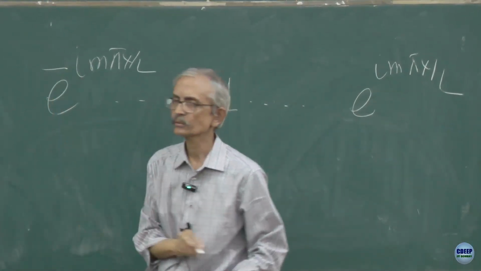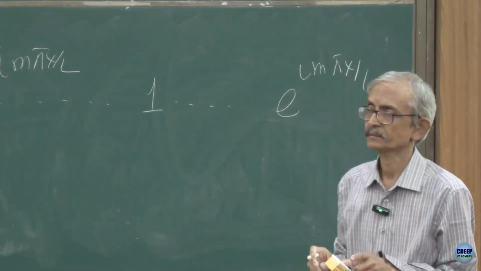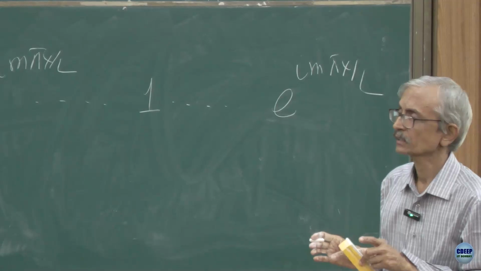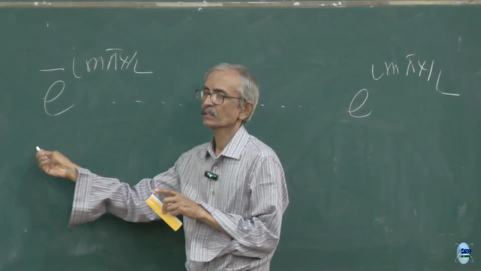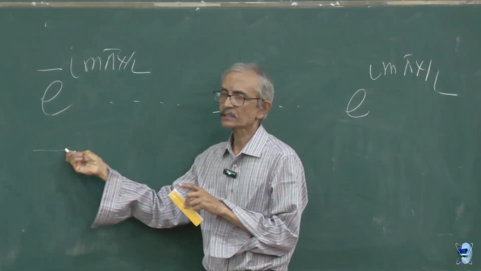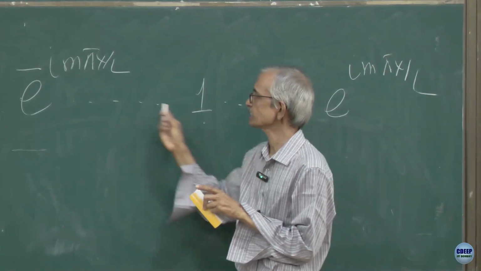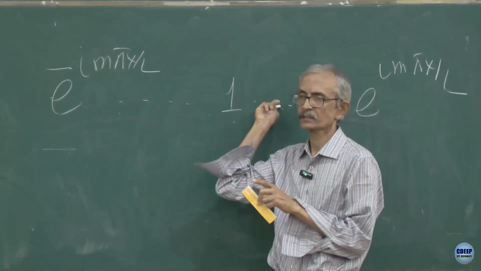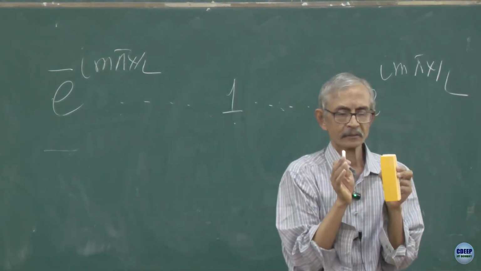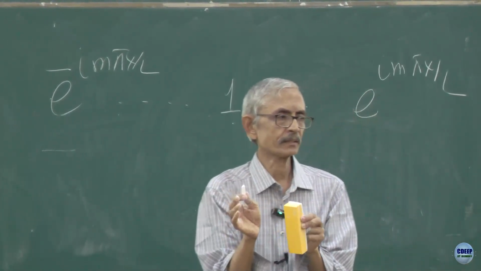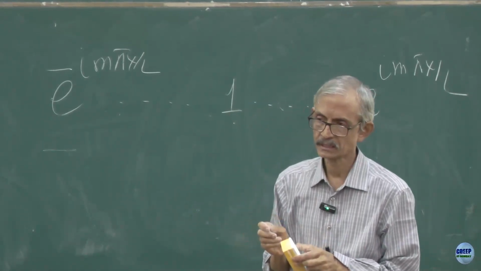These are now my basis functions in the complex plane. What qualifies for a basis function? Orthogonality and normality. So each of these is orthogonal with respect to another, and they are normal in the sense that the magnitude is equal to unity.